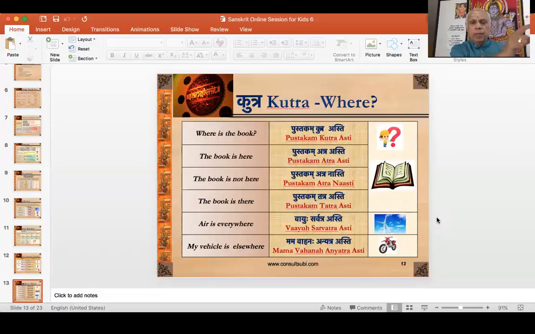Then you say Pustakam tatra asti. Over there. The book is there. Suppose you have something everywhere, like light, like air around. Air is everywhere. So you say Vayuhu sarvatra asti. Sarvatra means everywhere.